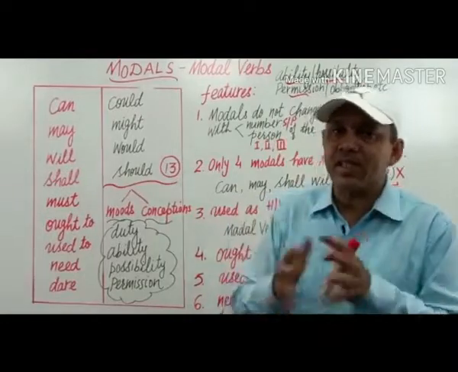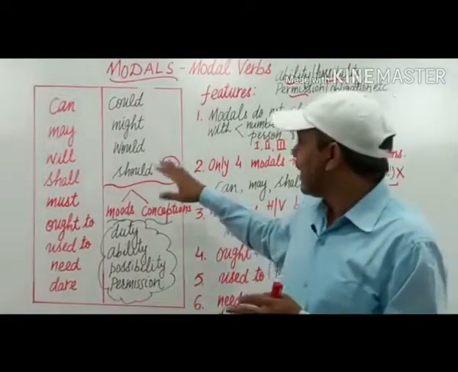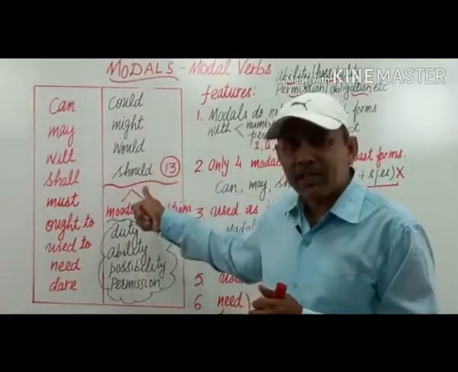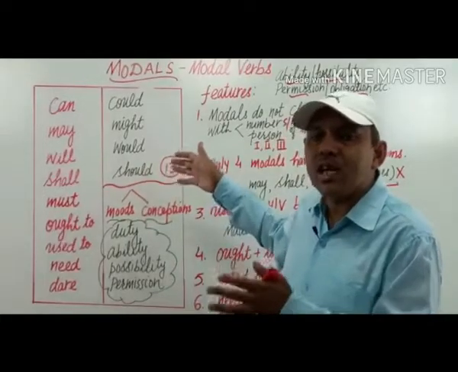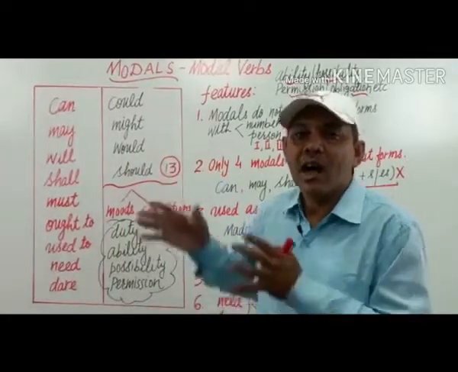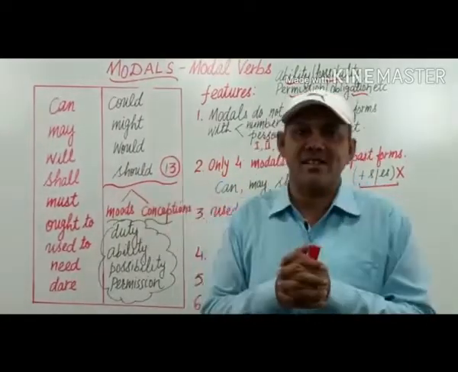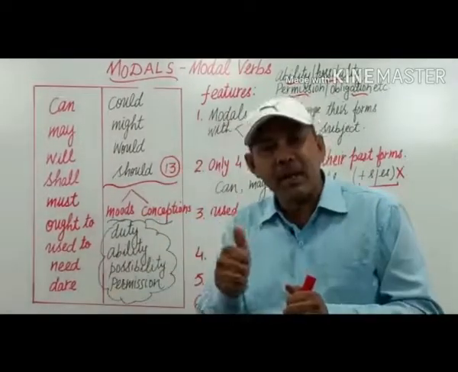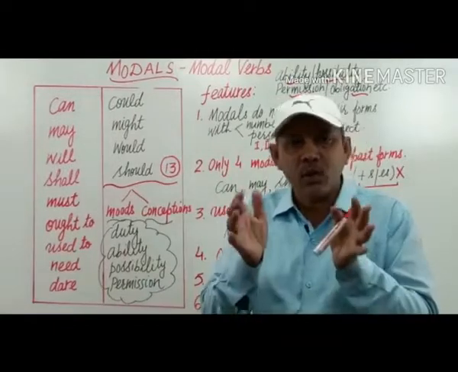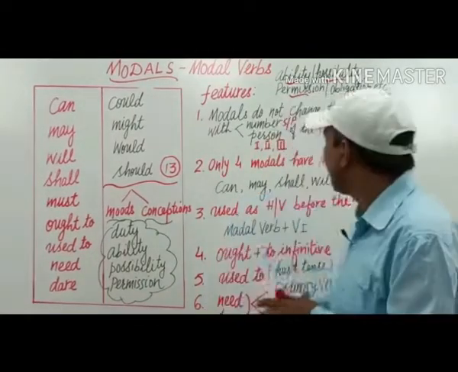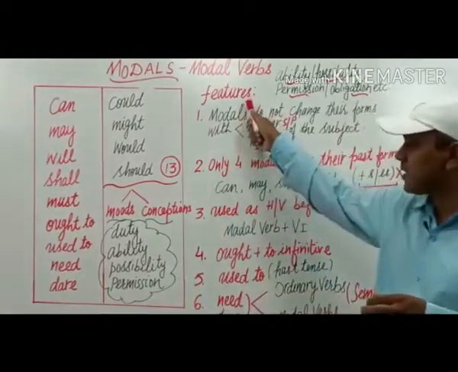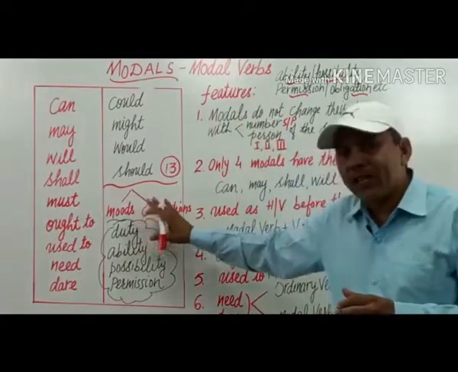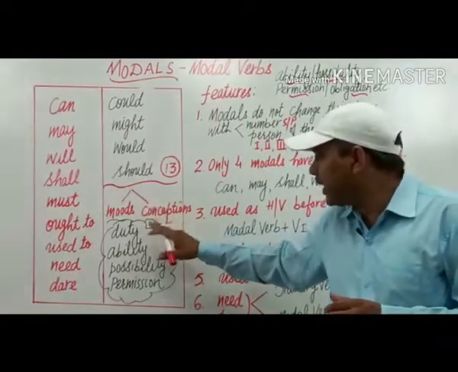There are certain features of modals. In the introductory period, let us revise what are the features of modals. How do they behave in sentences? सेंटेंसेस में इन मॉडल्स का क्या रोल है, किस प्रकार से ये बिहेव करते हैं, एक बार उसके बारे में हम अच्छे से जान लें. What are the features? What do they tell?